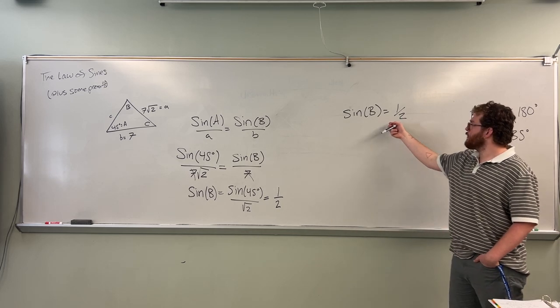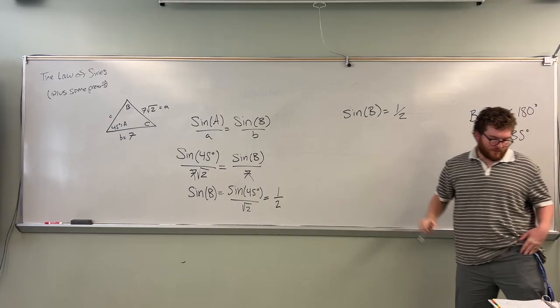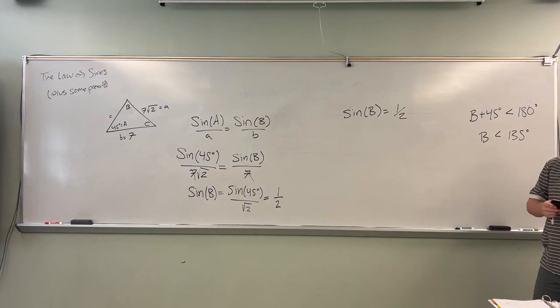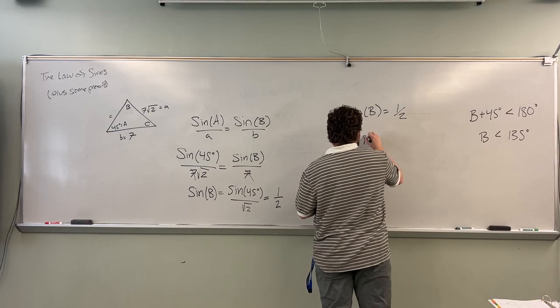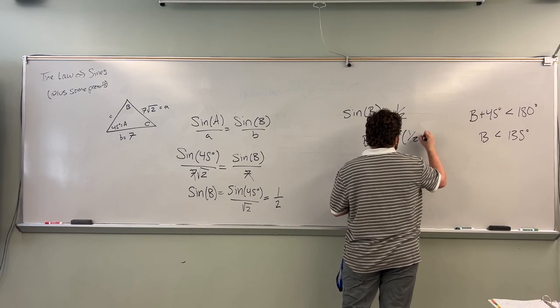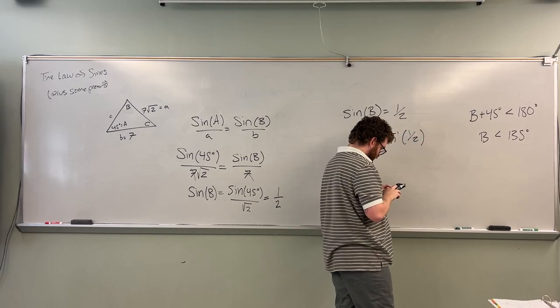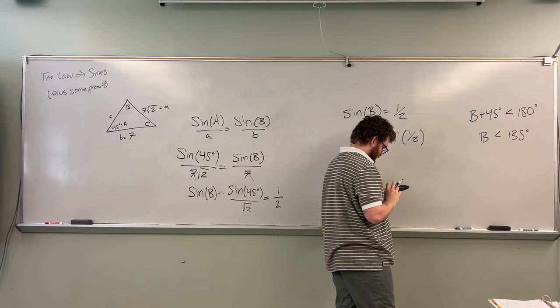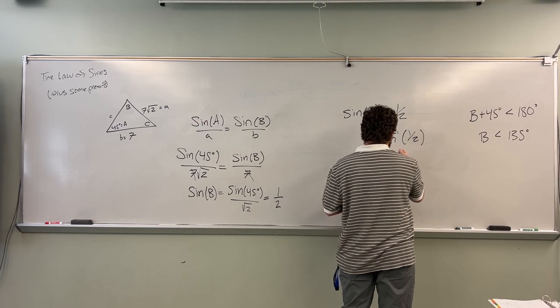And so if I put this into my calculator, I get a couple of results. If I take B equals the inverse sine of 1/2, so sine inverse and then 1/2, I get 30 degrees.